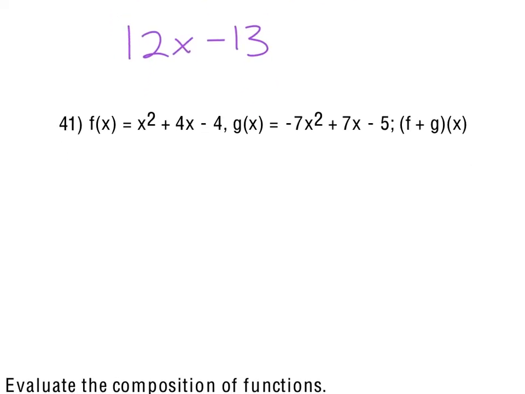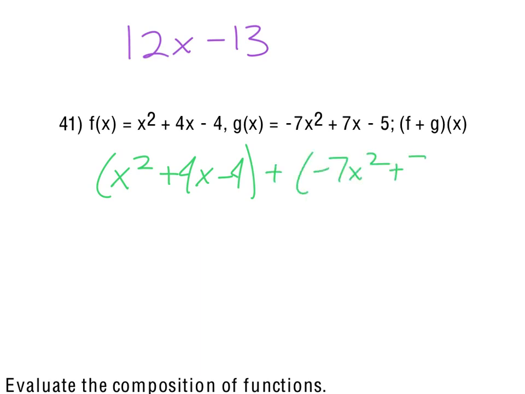41, same sort of deal, except now we're adding, so if anything, a little bit easier. We just take that function f of x, and we add the function g of x, and we just combine like terms. So we have an x squared and a negative 7x squared, so it'll lead us to a negative 6x squared.